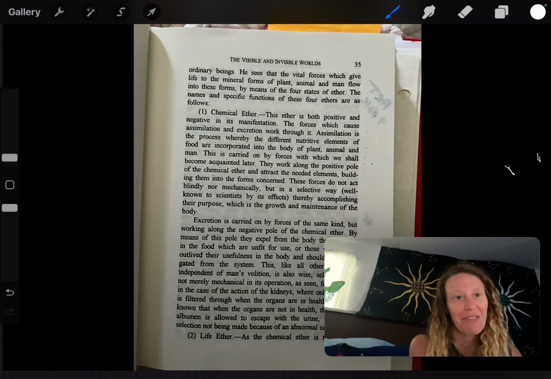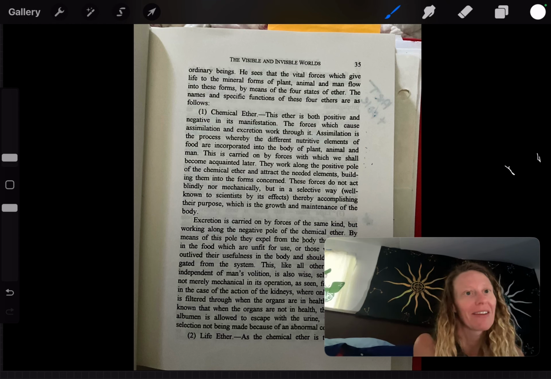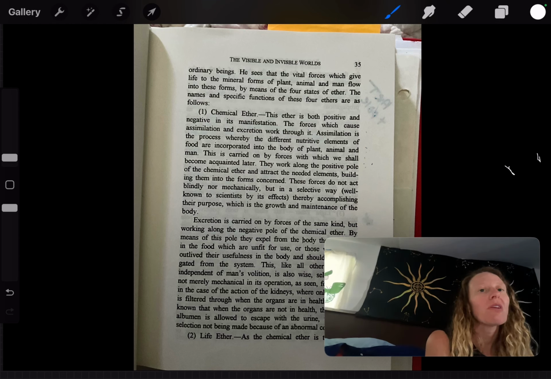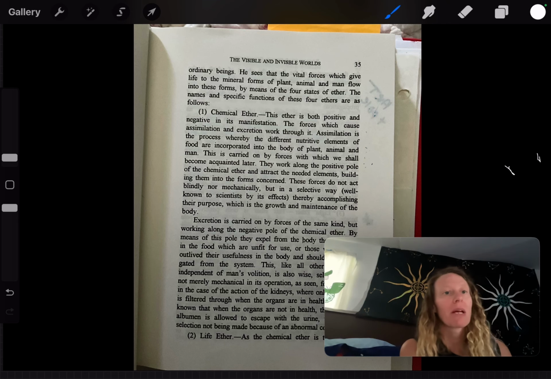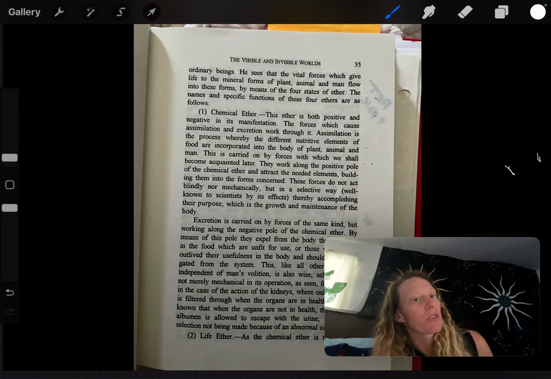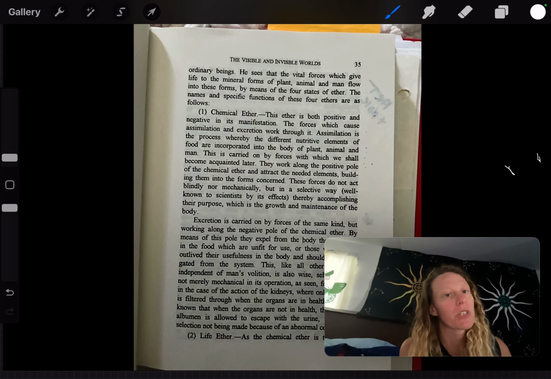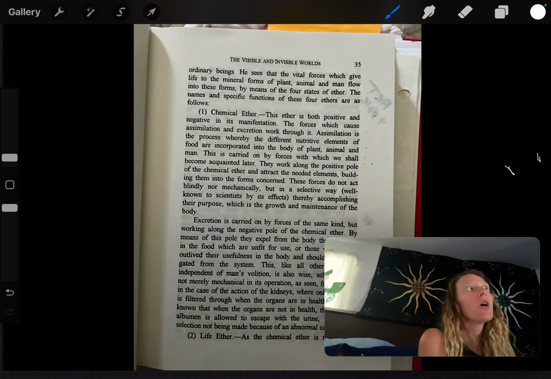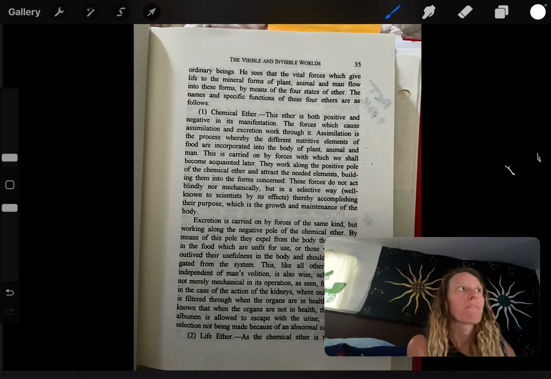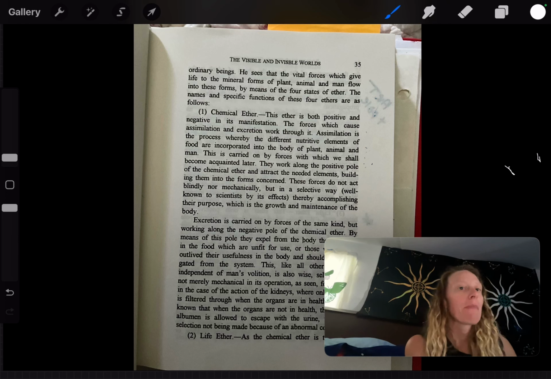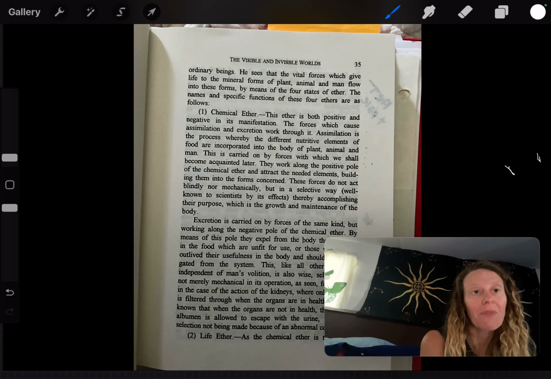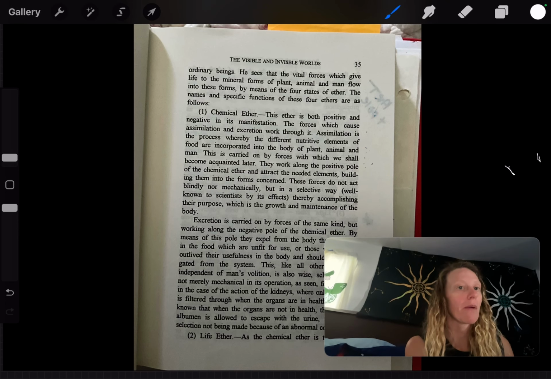So that's a fancy way of saying he's going to talk more about that later in the book. They work along the positive pole of the chemical ether and attract the needed elements, building them into the forms concerned. So really, that's just Heindel talk for saying the body pulls in elements that it needs, the nutrition that it needs, and how that happens in the chemical ether is with this positive pull in the law of polarity.